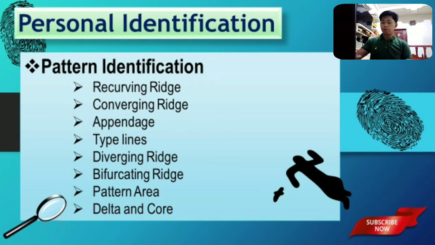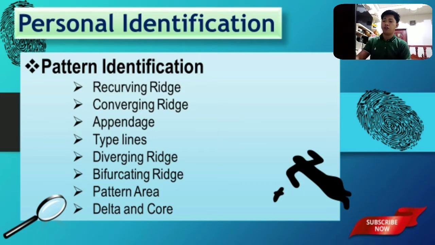Moving on, let's go to the table so that we can illustrate the different topics that we will be discussing, such as the definition of the fingerprint patterns, as well as the definition of the different fingerprint characteristics that we should familiarize ourselves with.